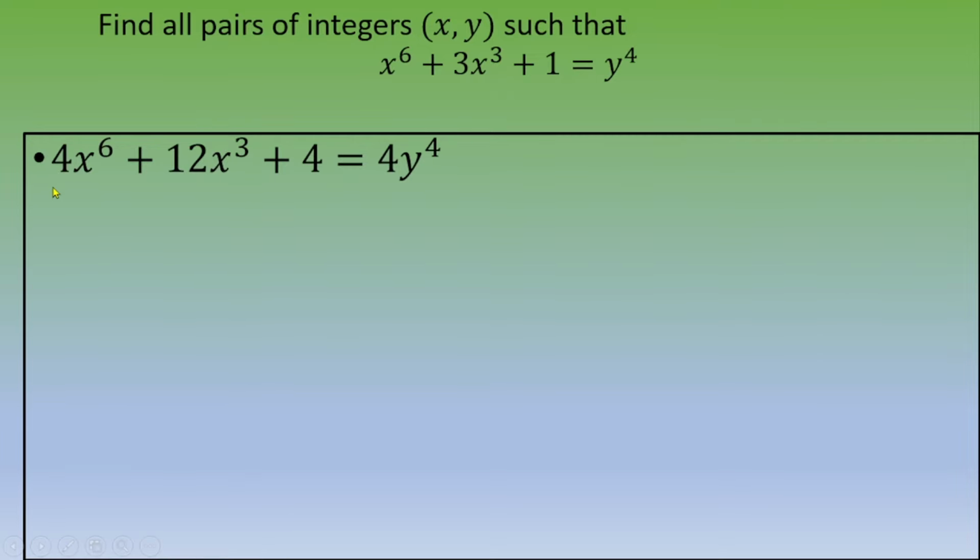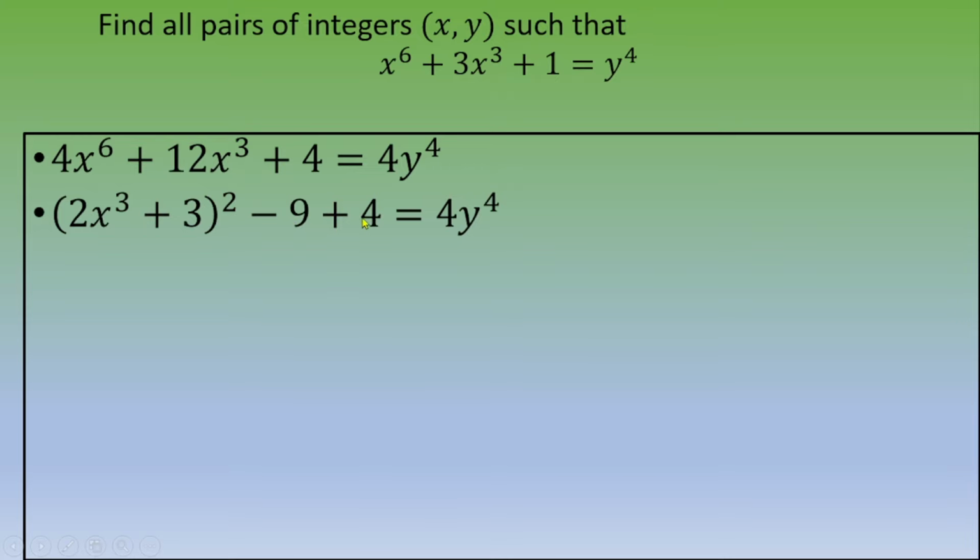This is 2x cubed, and this is 2ab. This is 2 times 2 times 3x cubed. So you add plus 3 squared, and you need to subtract 3 squared. This is 9.